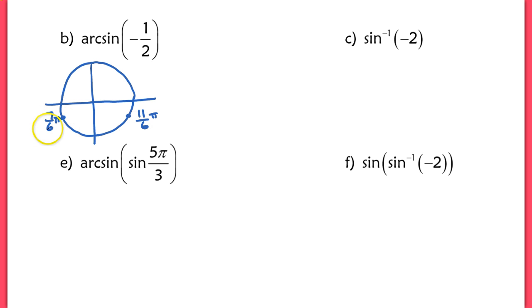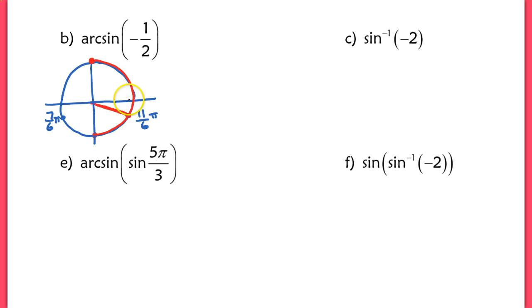Now, neither of these values fall within our range. Remember, you want to restrict your values between negative pi over 2 and pi over 2 here. So this is definitely the point that we want, but it's not in the form that we need. So we're going to look for a coterminal angle. Coterminal angle is a term that we want to review. It just means that it has the same terminal side.